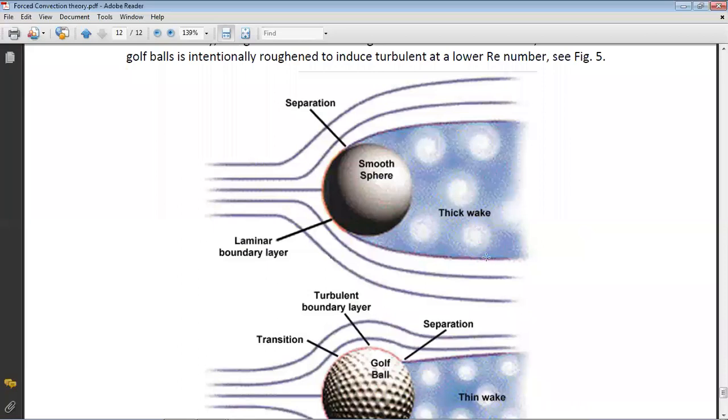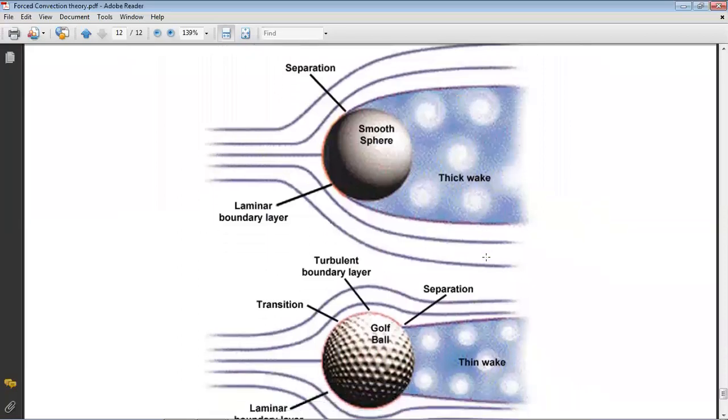So essentially, you are making the flow turbulent if you allow more disturbance on the surface of the golf ball. So it will create the flow to be turbulent even at lower velocity. This will reduce the wake. This will reduce the drag coefficient.